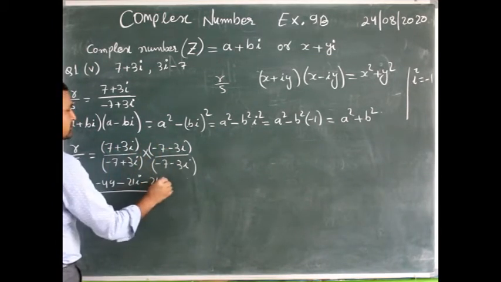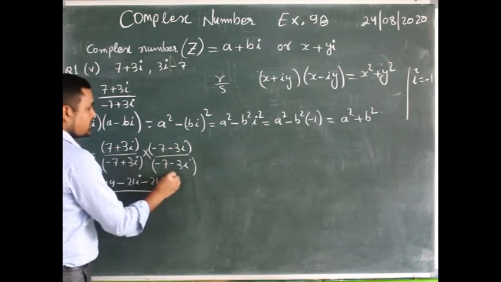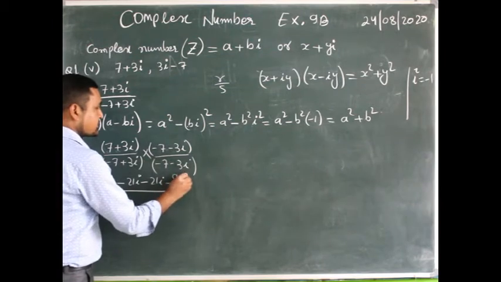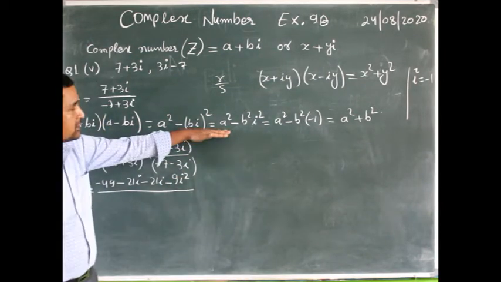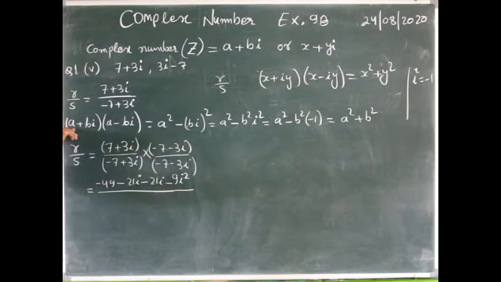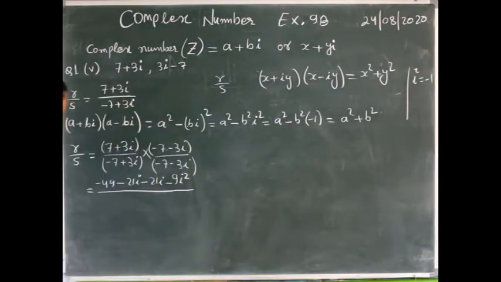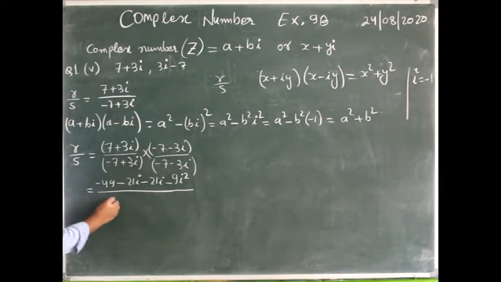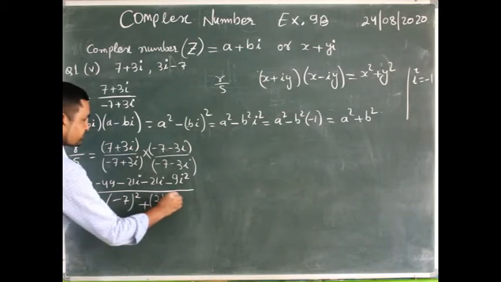Plus times minus is minus: 3 threes are 9i square. Now in the denominator, we use this formula: a plus b, a minus b equals a square plus b square. That means in place of a we have minus 7, so a square plus b square, with b being 3.